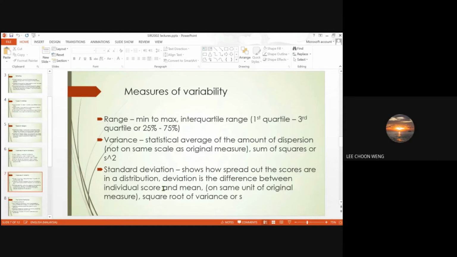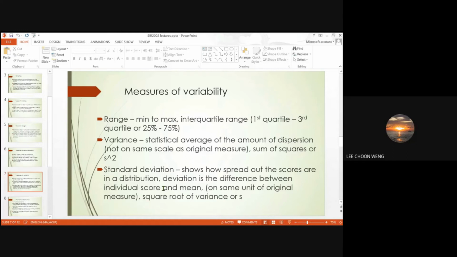Sometimes you'll see that they report mean plus minus 2 times standard deviation, or mean plus minus 3 times standard deviation. This gives the reader a more accurate description of your variability, because mean plus minus 2 times standard deviation covers 95% of your range, whereas mean plus minus 3 times standard deviation will cover about 99.7% of the range.